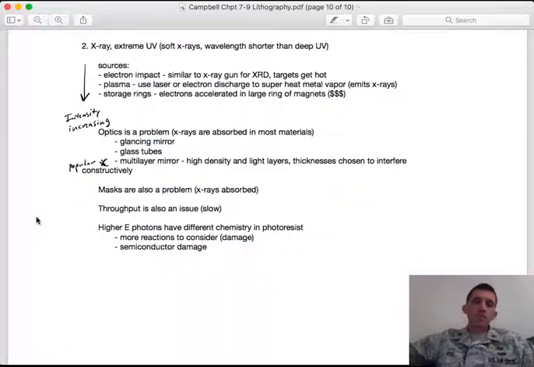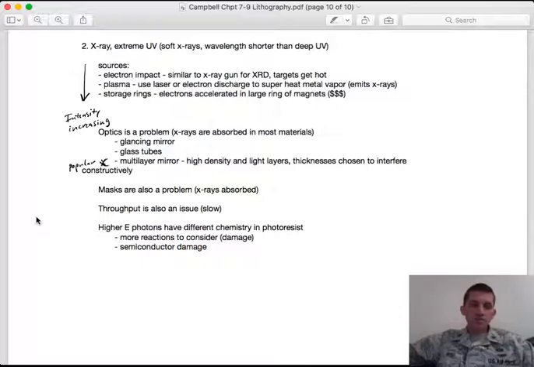Now you've got all of these higher energy effects. You're creating photoelectrons. You have Compton scattering. All of these other things can happen, and that affects the reactivity of the photoresist in a negative way, usually.